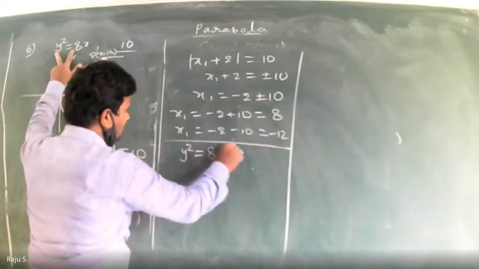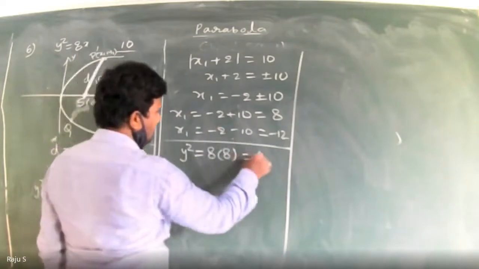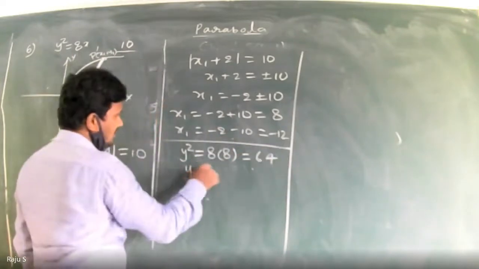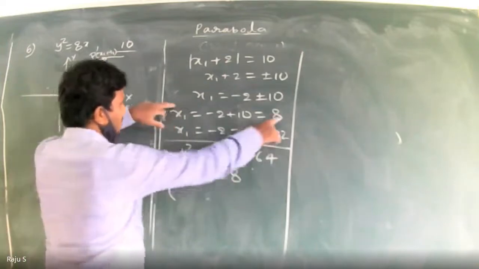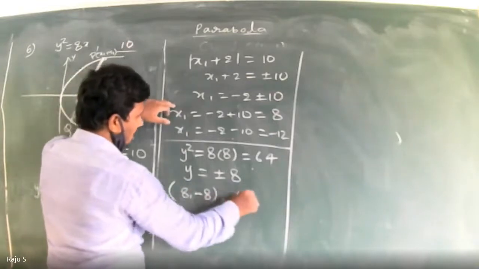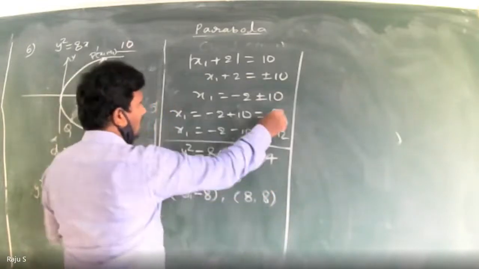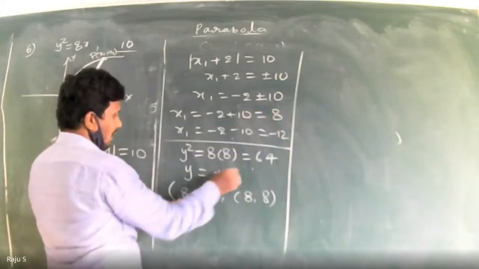The x value is 8. So 8 times 8 is 64. So the y value is plus or minus 8. Nothing but the points are 8 comma minus 8 and 8 comma plus 8. x is fixed, x1 is 8 only, but the y value has two values, minus 8 and plus 8.